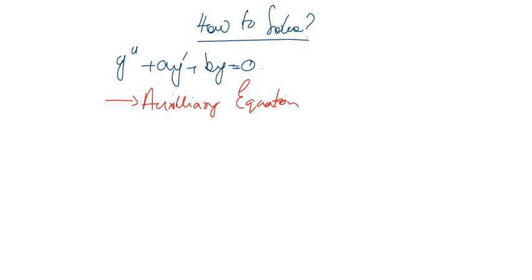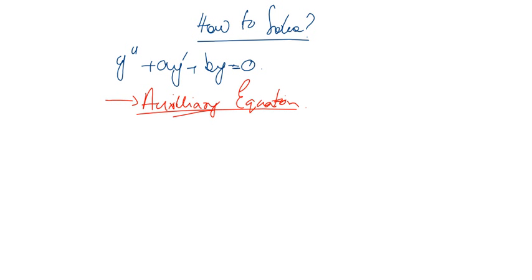Now, what is this auxiliary equation and how does it help us? This auxiliary equation is the equation from which we'll be finding the solution of the given differential equation, for which we have to find the answer.